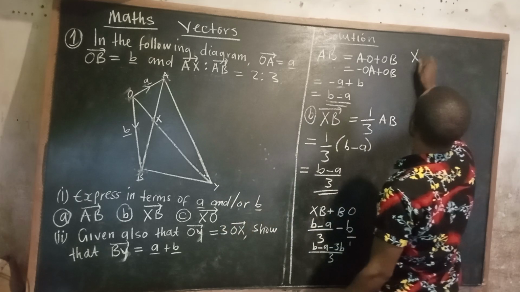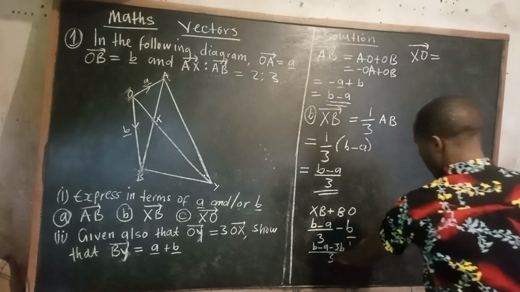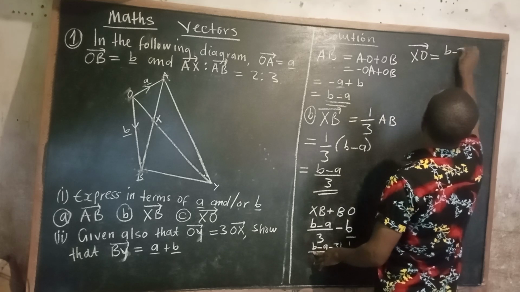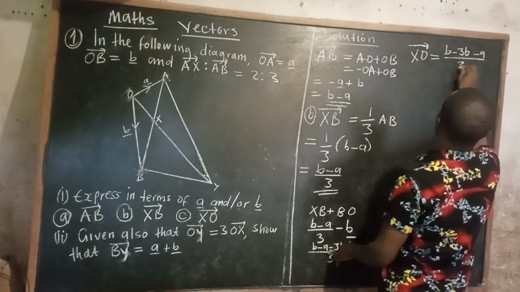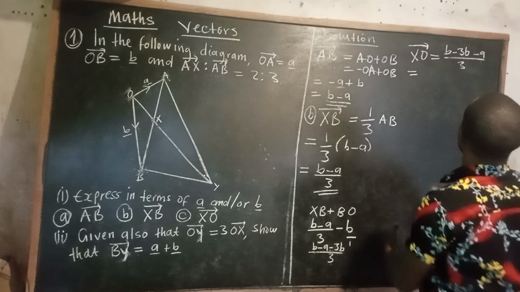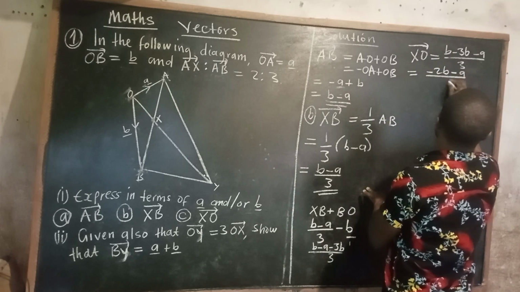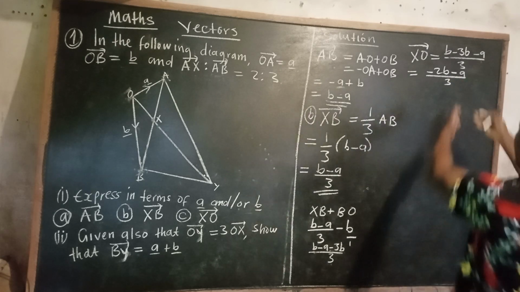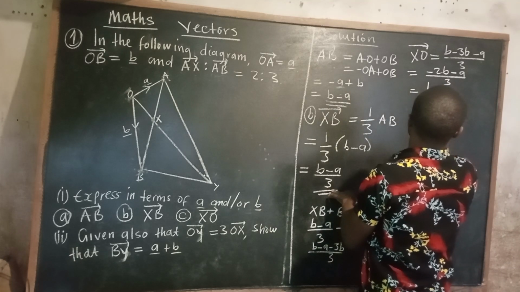That is the one that we are looking for, the XO. So vector XO is equal to, let us simplify this. We can collect the like terms. So B minus 3B, then minus A over 3. When we simplify this, we are going to have negative 2B minus A over 3, which can also be written as 1 over 3.